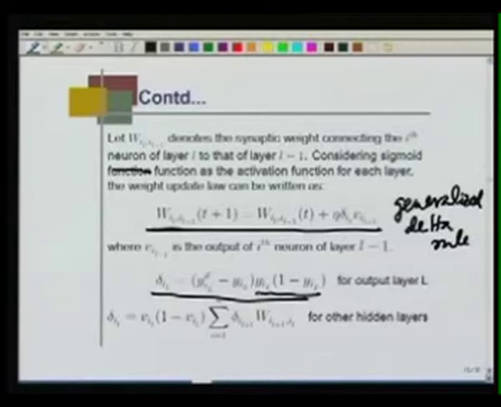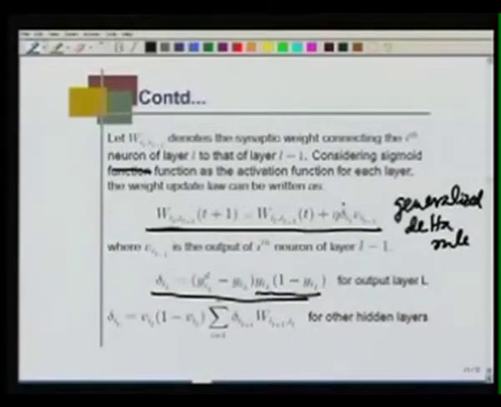Given the delta at the output layer, we can easily compute the corresponding delta in all preceding layers subsequently. And then we can update all the weights in all the layers using this concept of the delta rule.